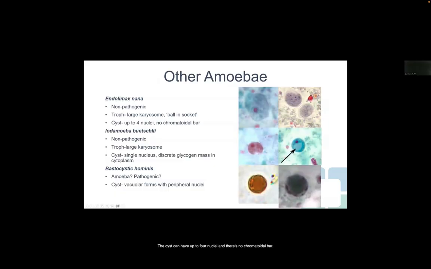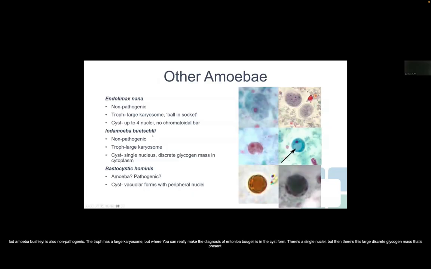The cyst can have up to 4 nuclei, and there's no chromatoidal bar. Iodamoeba bütschlii is also non-pathogenic. The trophozoite has a large karyosome, but where you can really make the diagnosis of Iodamoeba bütschlii is in the cyst form. There's a single nucleus, but then there's this large discrete glycogen mass that's present.